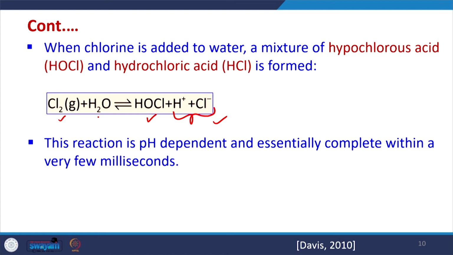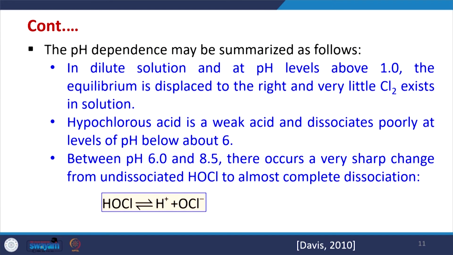Now, this reaction is reversible as well, and it is pH dependent and essentially complete within a few milliseconds. So, this will depend upon the pH also, and thus the type of chlorinated compound present in the water will depend upon the pH also. Now, the pH dependence of this chlorine can be summarized here.